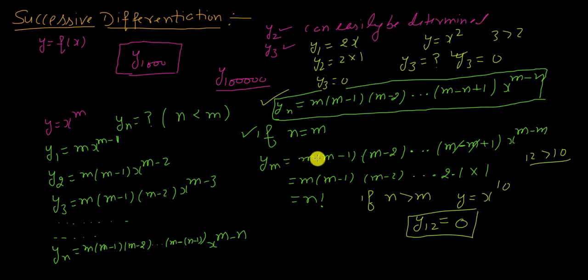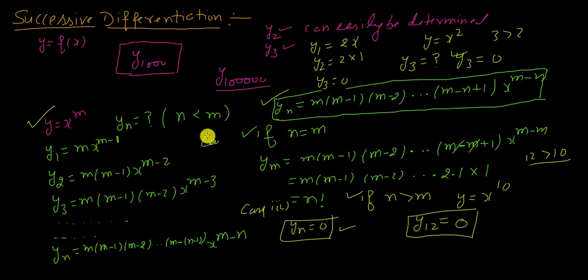So this is the third case, when n is greater than m. In that case yn will be 0, where y is equal to x raised to the power m. This is case number 3.